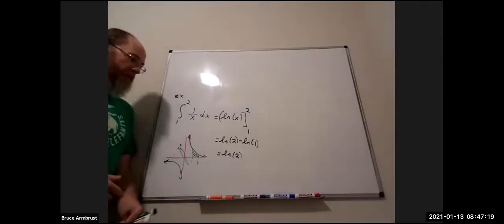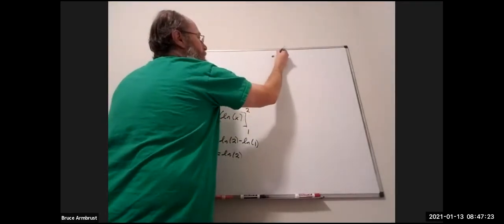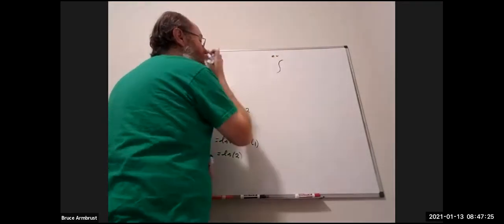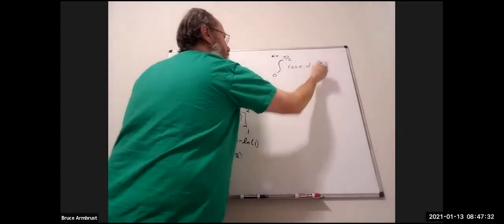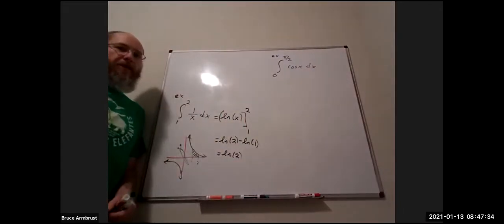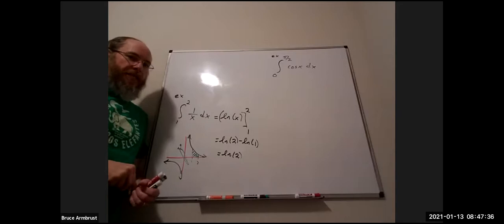All right, here's another one. How about, let's look at the integral from 0 to pi over 2 of cosine x dx. So we'll throw a trig function at you now.